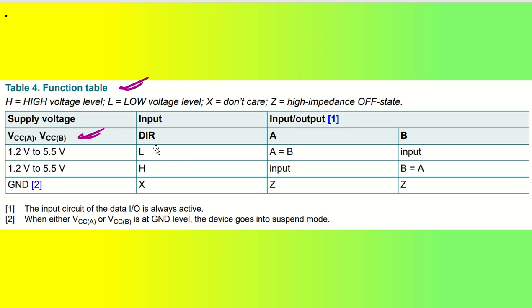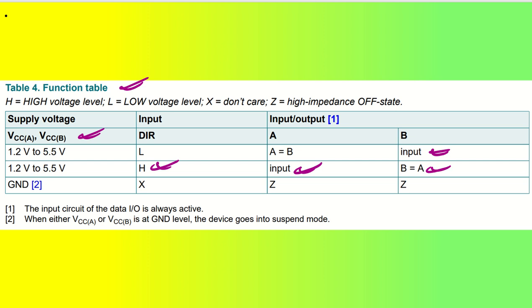Let us say direction is set to low. What it is telling is, if direction is low, like it is ground, then A will be equal to B, and B is working as input. Similarly, if direction is high, then A is working as input and B is working as output. So B will be equal to A.